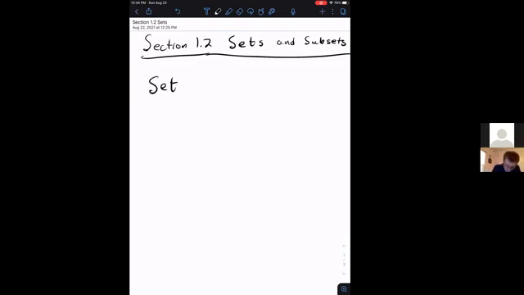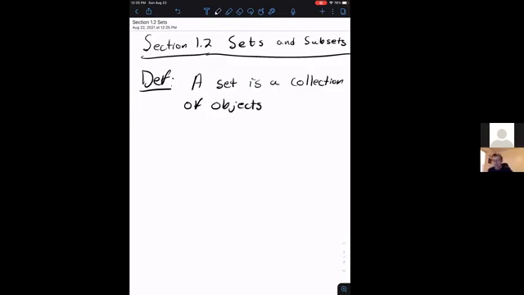So a set, sorry, this is the definition. Okay. A set is a collection of objects. It doesn't matter what they are, right? It's just a collection of things, right?